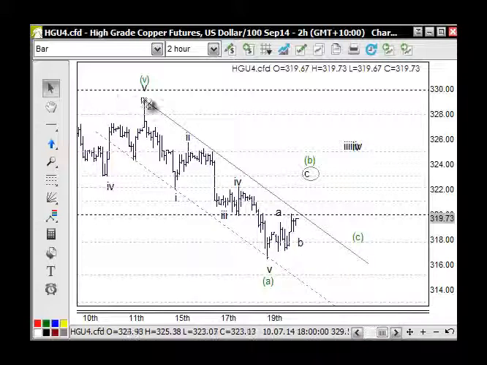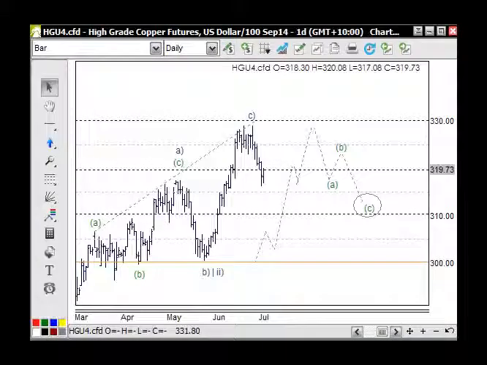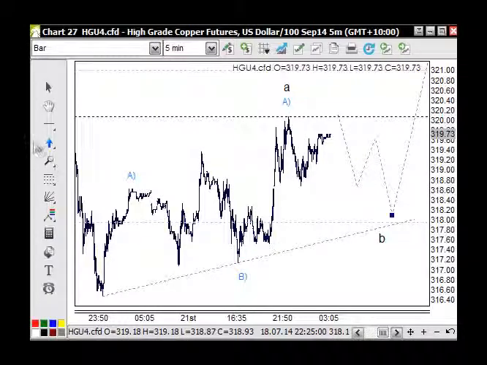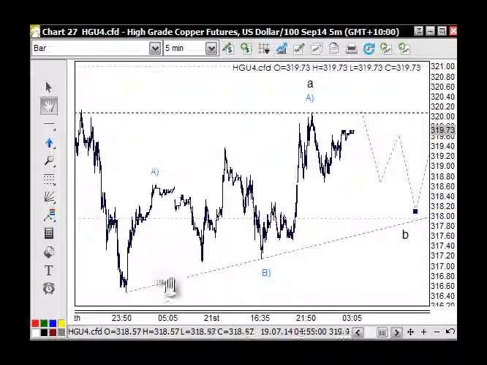Basically we're looking for the A wave down, the B wave, and then the C wave down as well, so down further through over here. So yeah, the little chart that I just had then, this one here. It is possible that we've got this A, B, and C here.